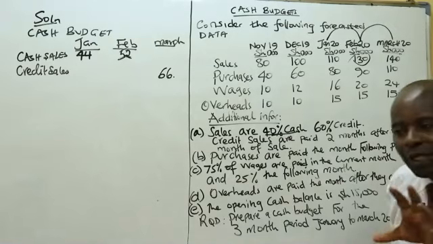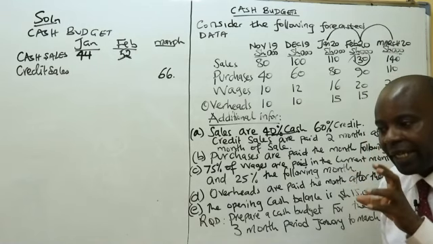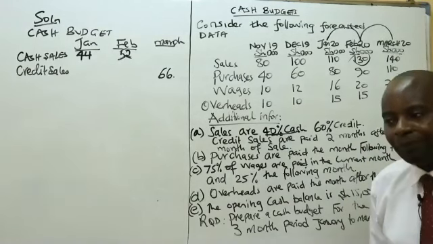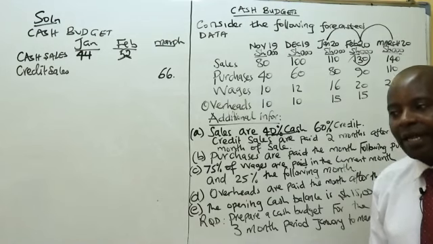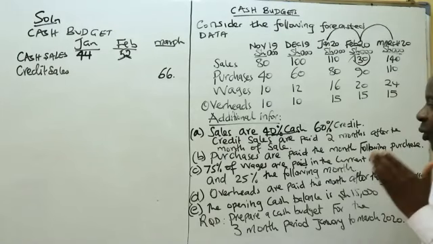So when are we going to receive this 78, my great students? When shall we be receiving this 78? From Beatrice, 78 will be received in the month of April. Because remember what we've been told.